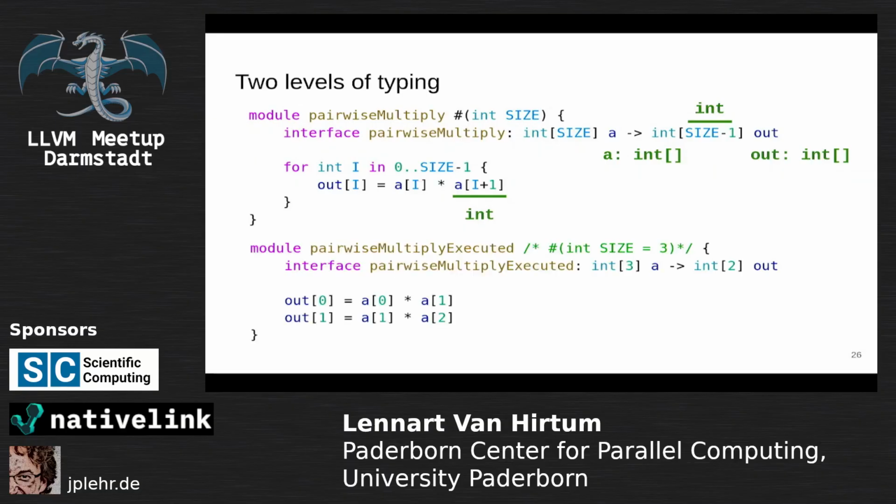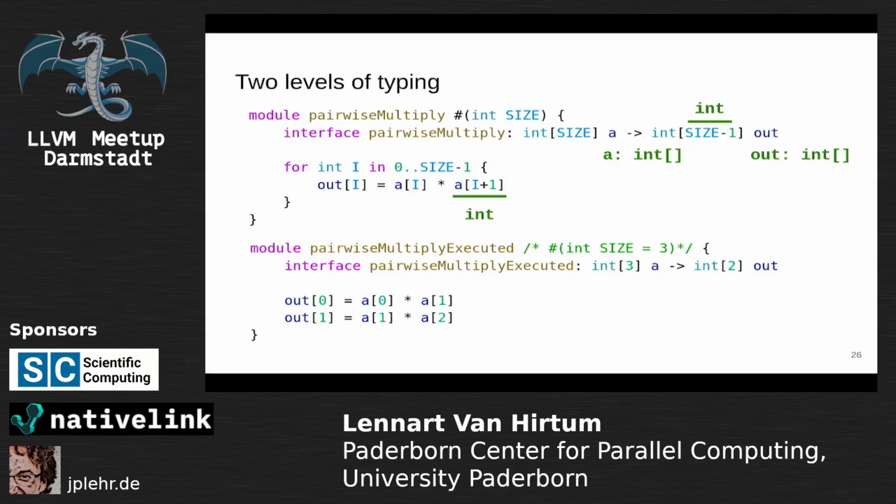Now, once we have actually executed the code, and I mean that literally, when we actually instantiate this pairwise multiply, we will execute the for loop, and whatever runtime hardware it passed over, that gets generated. So equivalently to the top hardware, when we instantiate this module with size 3, we get these two lines here that are the equivalent for this specific parameter set.